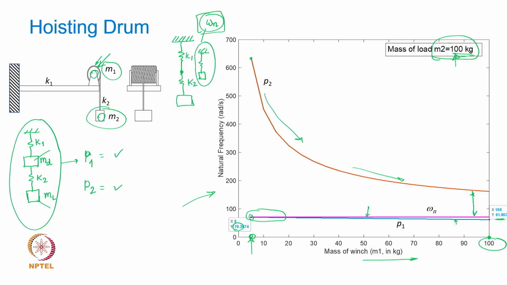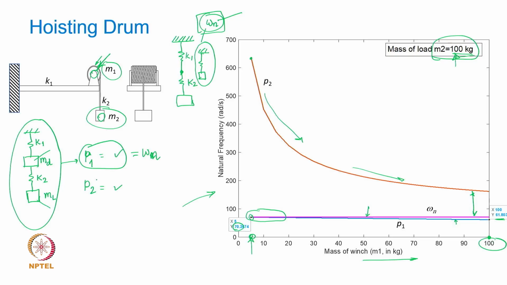Do you agree with that? Right? So by neglecting this mass, the natural frequency that you get, that is omega n, is very close to p1. This is almost equal to the frequency that you obtain by assuming single degree of freedom model.